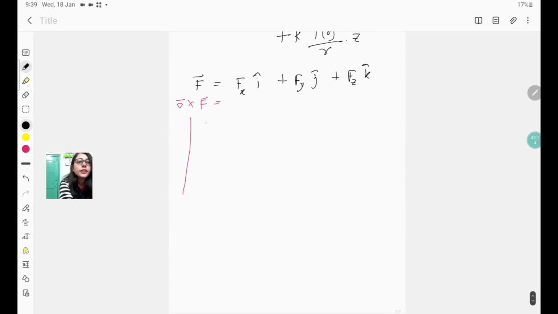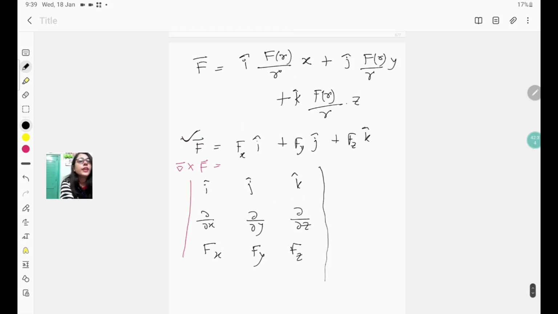So del cross F in matrix format is i cap, j cap, k cap; for del it is del x, del y, del z, and for F, from this equation, Fx, Fy and Fz. We already have written here, Fx is this part, Fy is this part and Fz is this part.